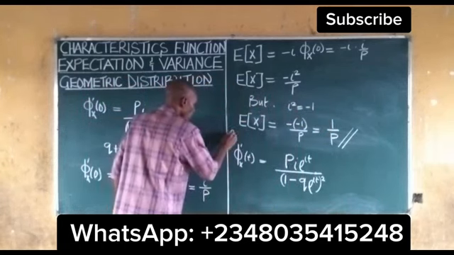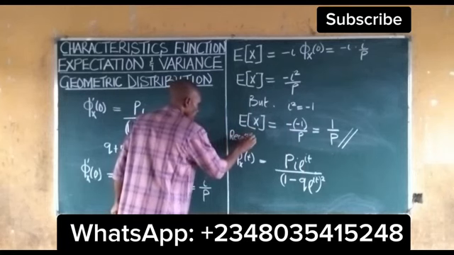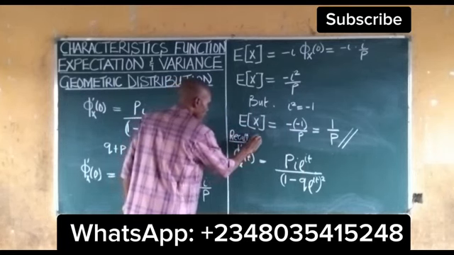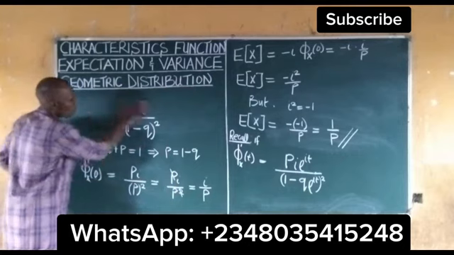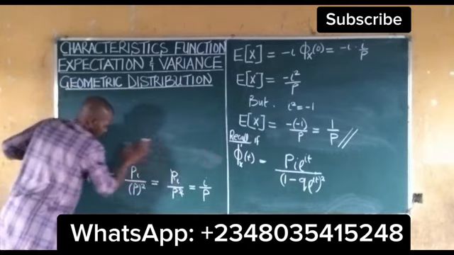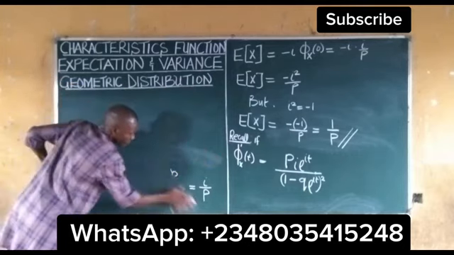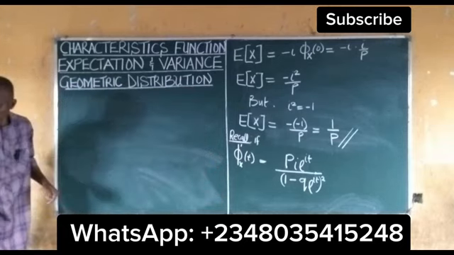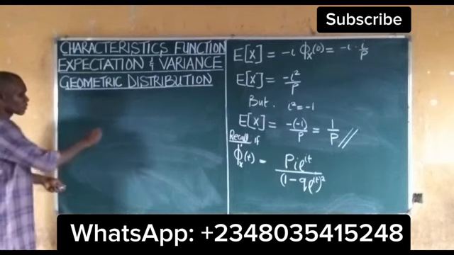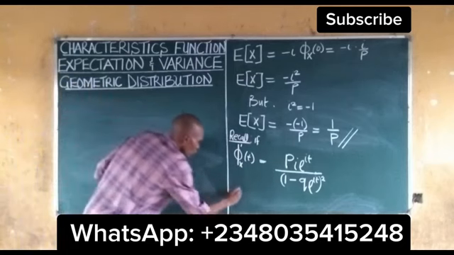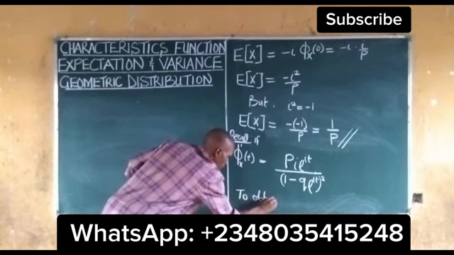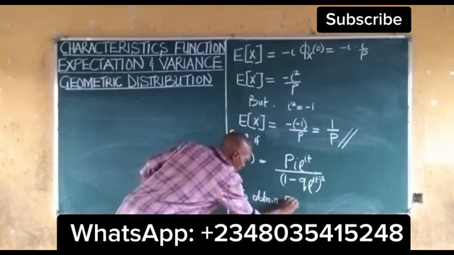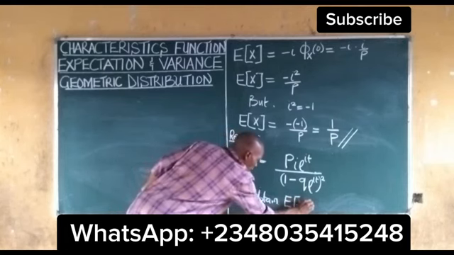Recall that if this is equal to this, now we move over to this other side to obtain our expected value of x squared.